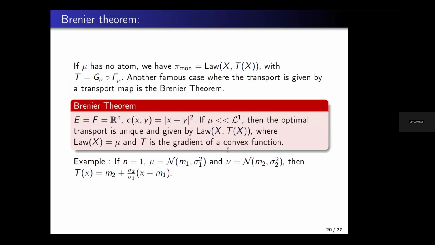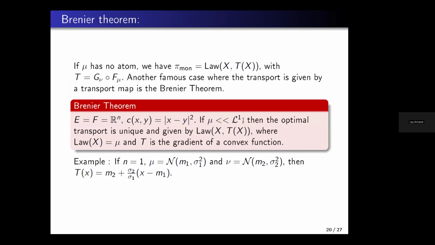So now, okay, maybe I will not do this slide, but in some cases, you can say some things about the form of the solution of your optimal transportation problem.